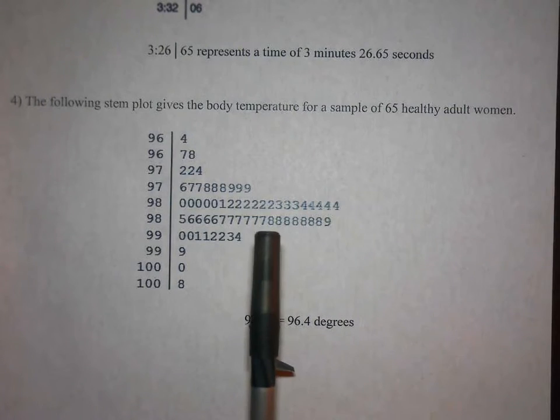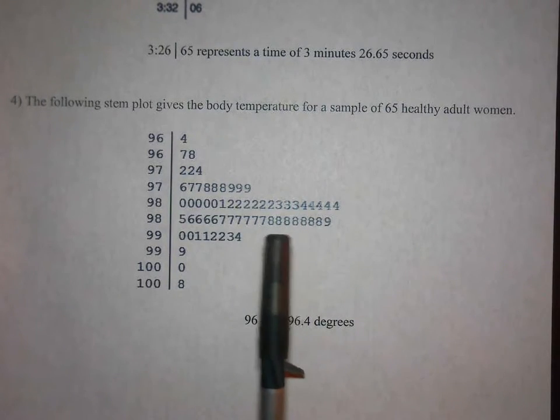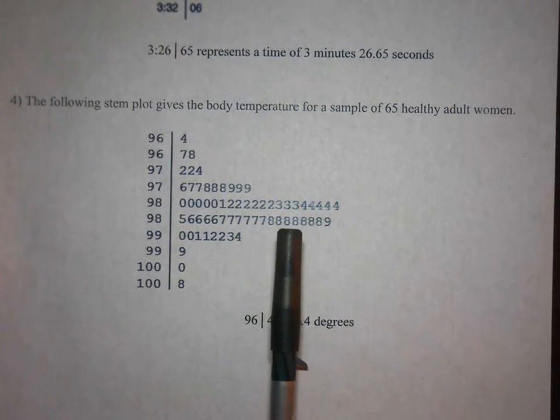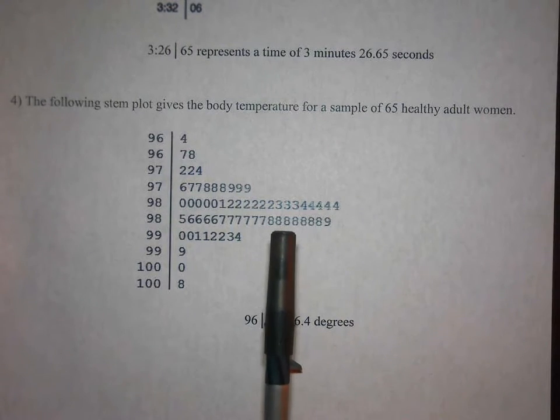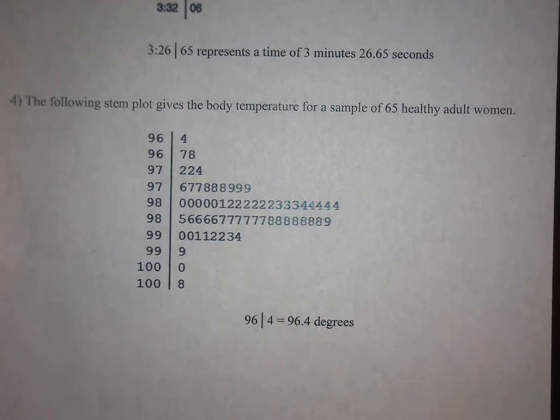But you can see that in this one you have several numbers showing up more than once, which just means that there were several different women that had those temperatures.